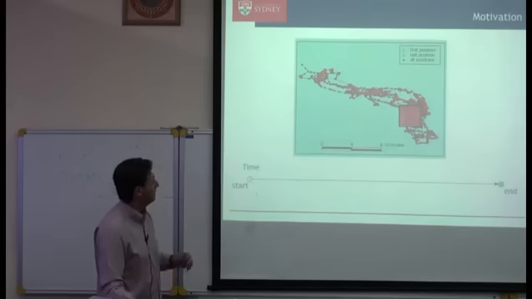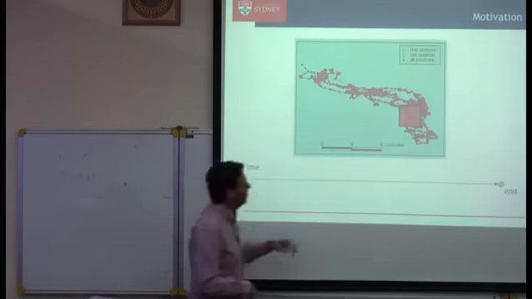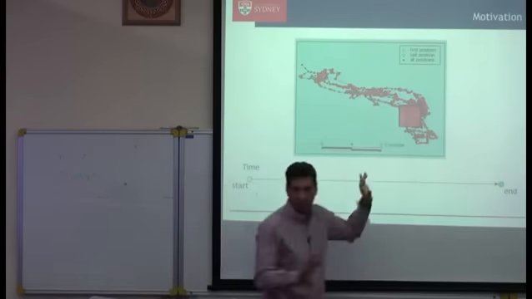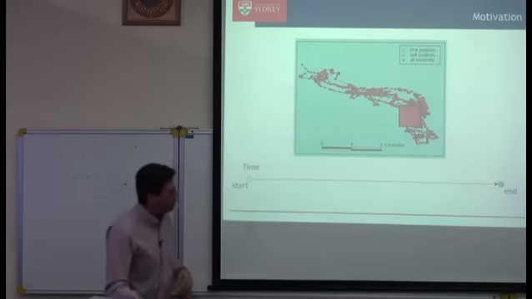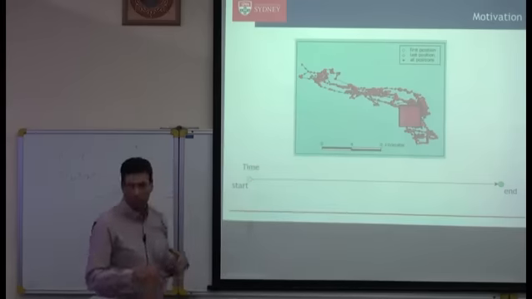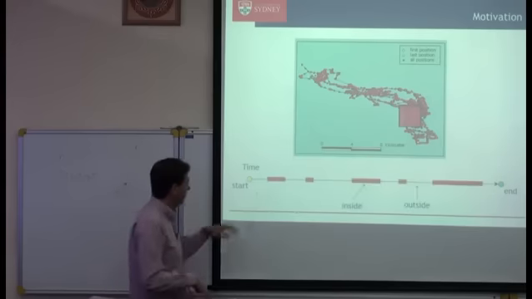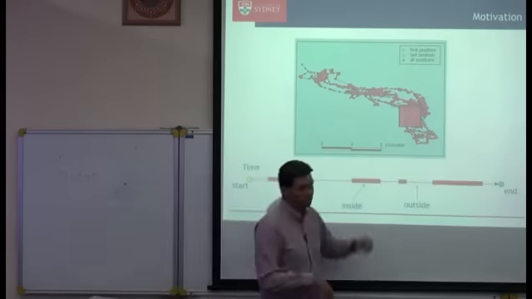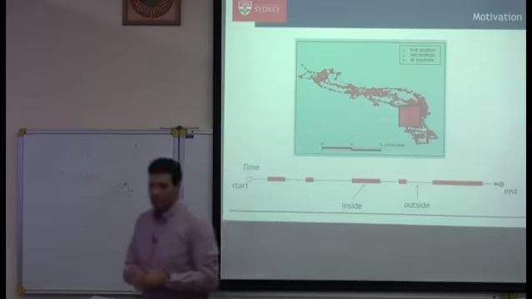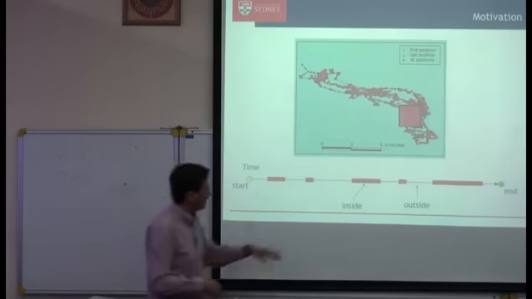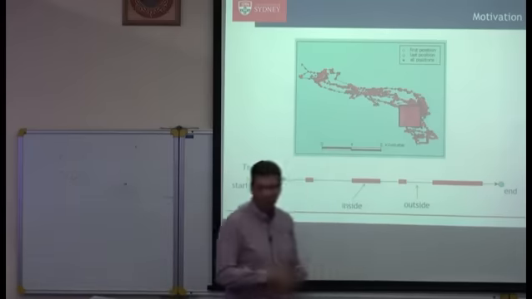So then you can model this in a very simple way. Say that you have the area you're interested in. Now you can say, either I'm in or I'm out. So I mark all the intervals where I'm inside, and every time I'm not inside, then I'm outside.